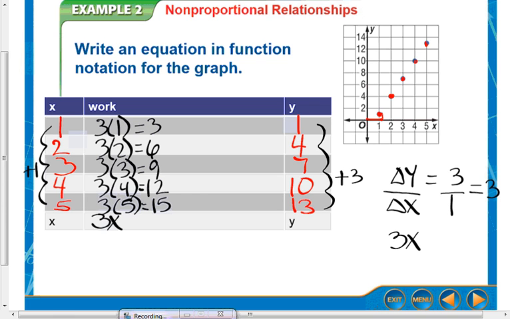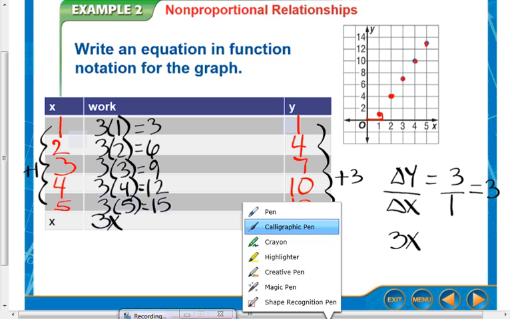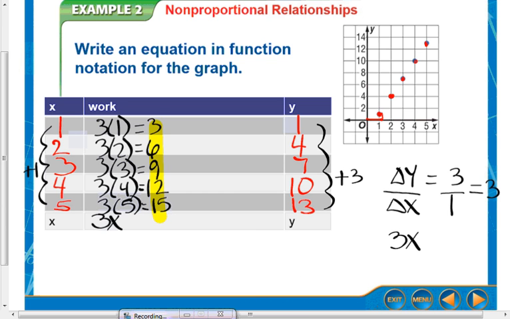So, I'm looking at this set of numbers, and I'm comparing them to my red numbers under Y. Are they the same? No. What is going on? How do I get from 3 to 1 and from 6 to 4 and 9 to 7 and 12 to 10 and 15 to 13? Do you see it?